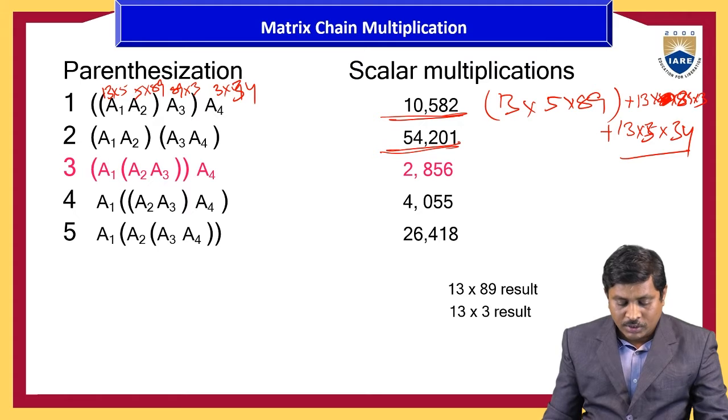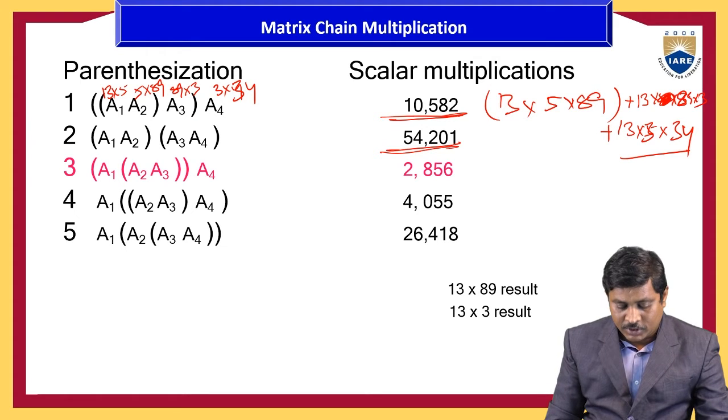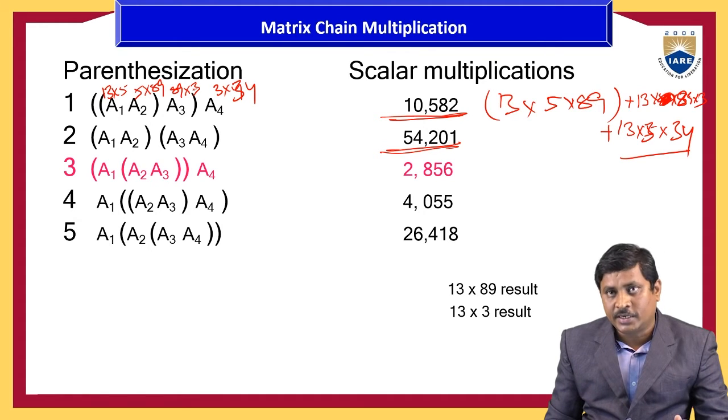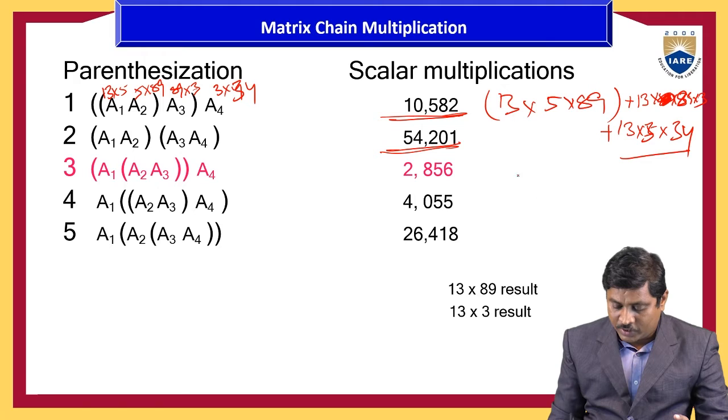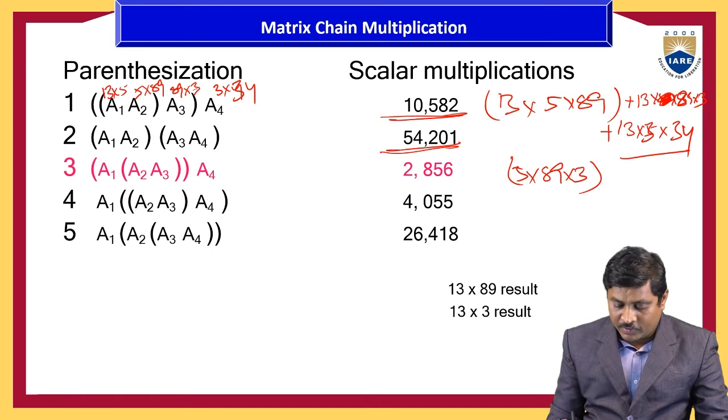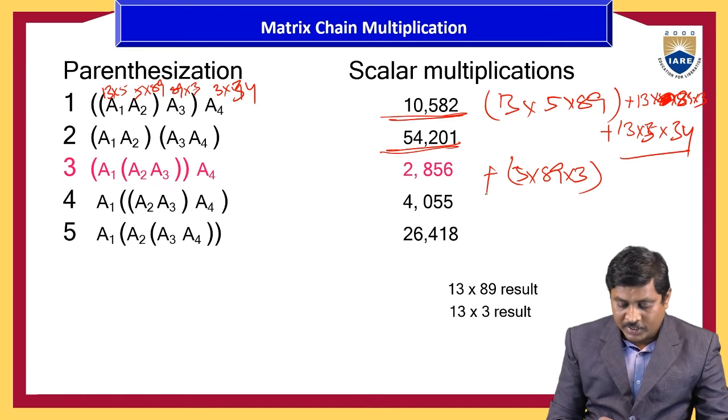A1 is 13 by 5. For A2, A3, it is 5 into 89 into 3, with 89 common. This is the value of A2, A3. This value is multiplied with A1, so we get 13 into 5 into 3.